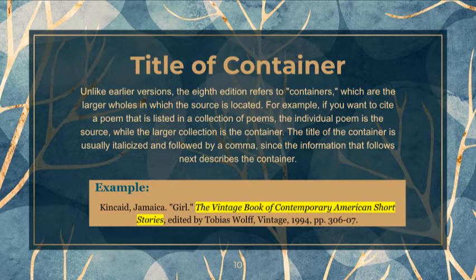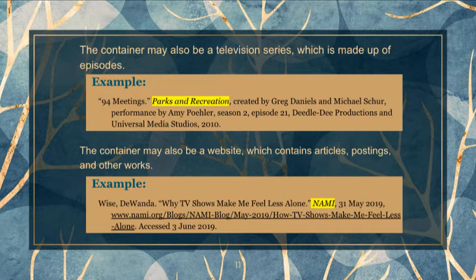So we see the example, we have our author, the title of the actual work, and then in parentheses is our container. Moving on to our next example, the container could also be a television series, which is made up of smaller episodes. So in our example, we have the title of the episode.